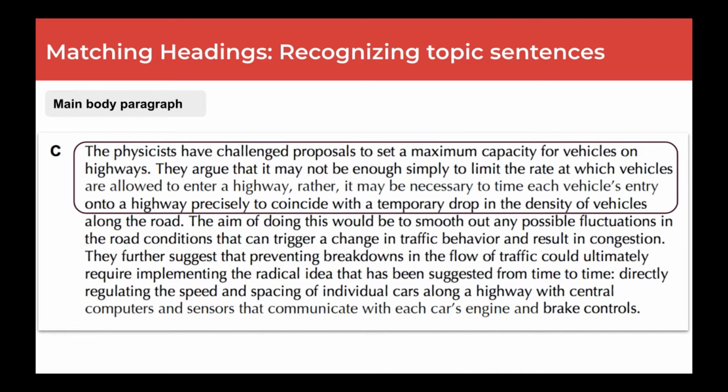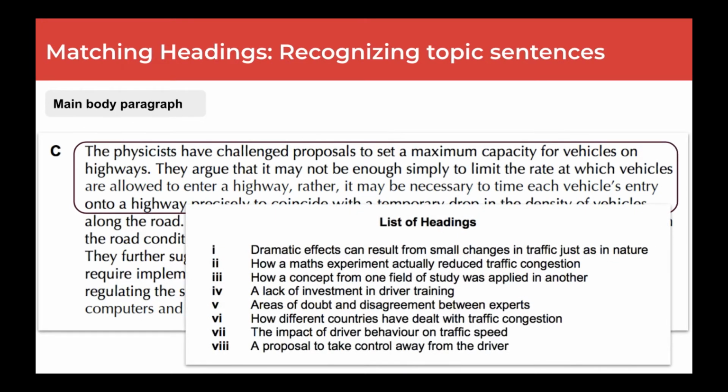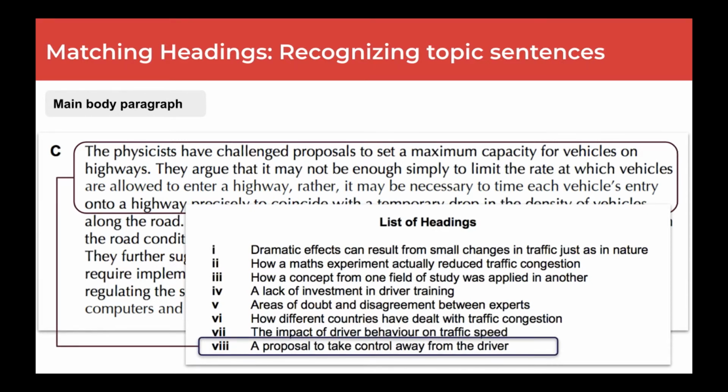So the second sentence looks like a topic sentence for this paragraph, and it specifies the proposal that the physicists have used to challenge what has been used by traffic specialists. And again, by looking at examples, I can see that one of the better titles would be a proposal to take control away from the driver.